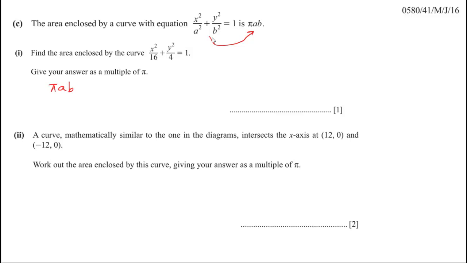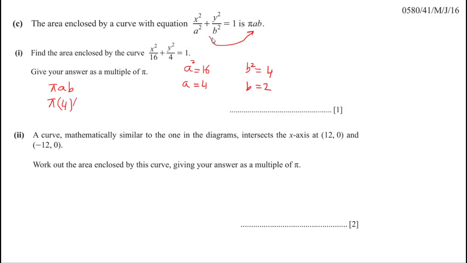And here, what is A? It is A square, and we have to find A. So this A square is 16, and taking the square root on both sides, A is 4. So we will plug 4 here. And B square is 4, so B is 2.